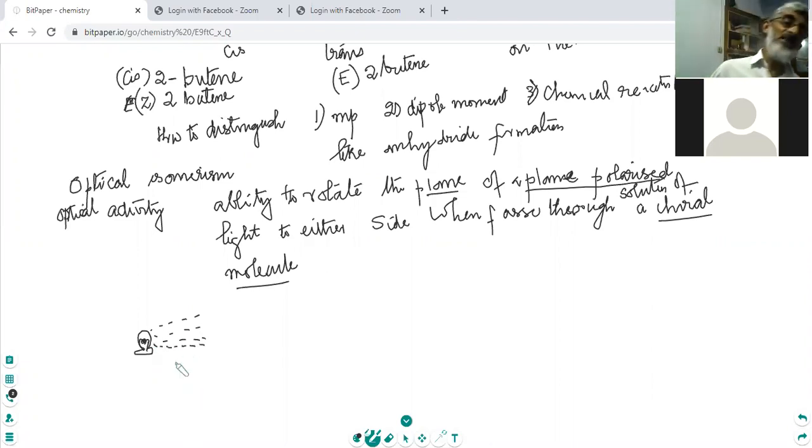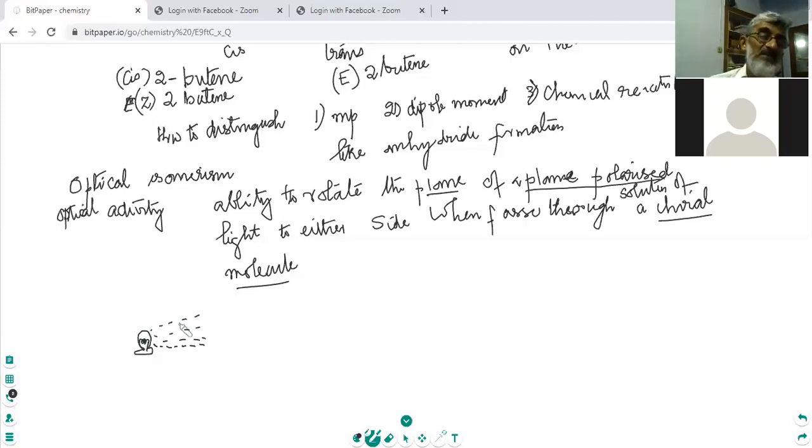Ordinary light is also an electromagnetic radiation, you know that. In ordinary light, you have all magnitudes of wavelength. Wavelength will be different for different rays.